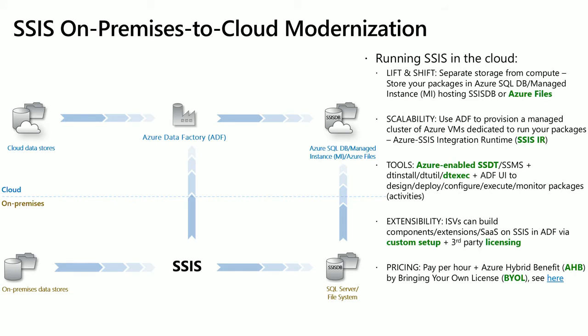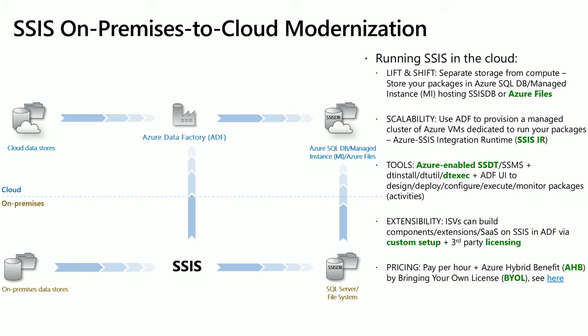And one thing that we also introduced about a few months ago, coinciding with the end of support of SSIS 2008 or SQL 2008, right? With SQL 2008, there's no concept of SSISDB or a catalog, because most of the time you run your packages from a file system. So we introduced this interface. Now in SSIS in ADF, you can also run packages stored in Azure Files or a file share.